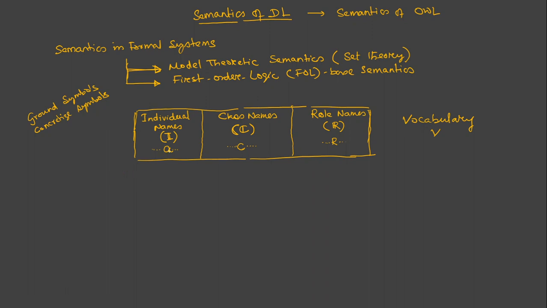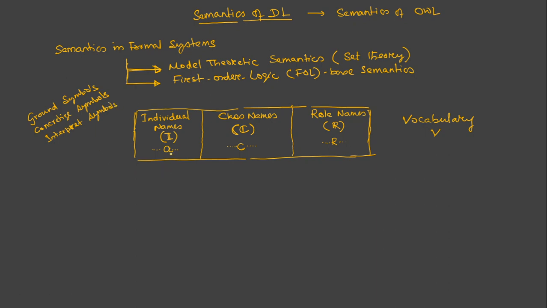Now, how do we interpret this symbol R? Whenever we are saying we are trying to ground these symbols, we are trying to interpret this symbol. So these are all the same thing, right?